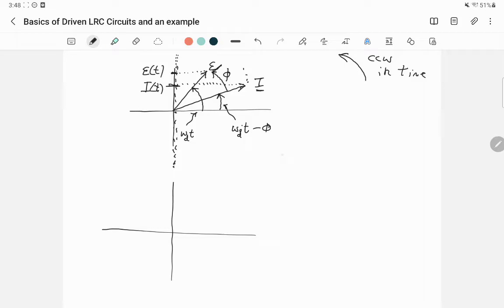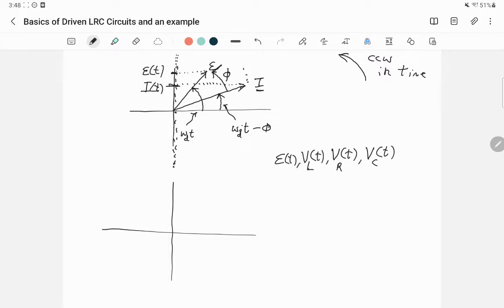So there's the driver's voltage, there is the voltage across the resistor. Actually, since we're talking LRC, let's do L, R, and C. So these are all functions of time. And they can all be represented by phasors.